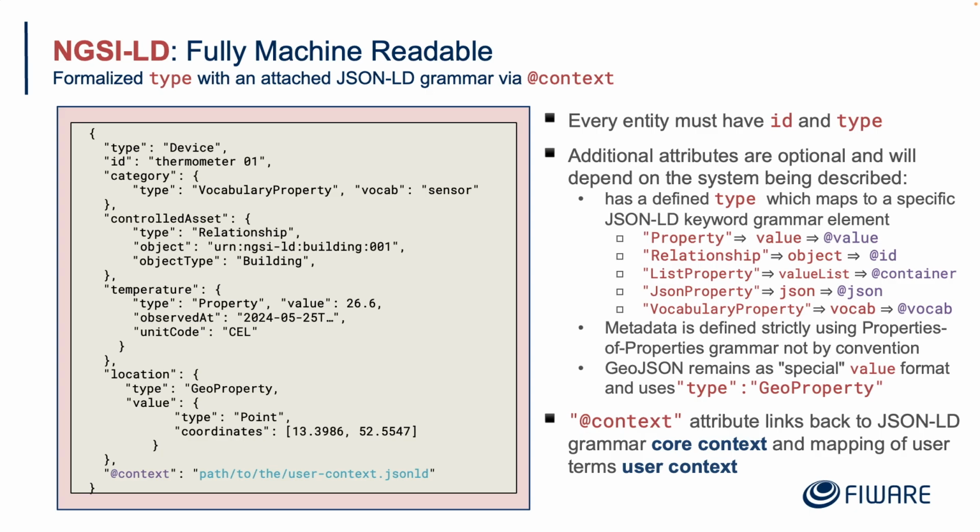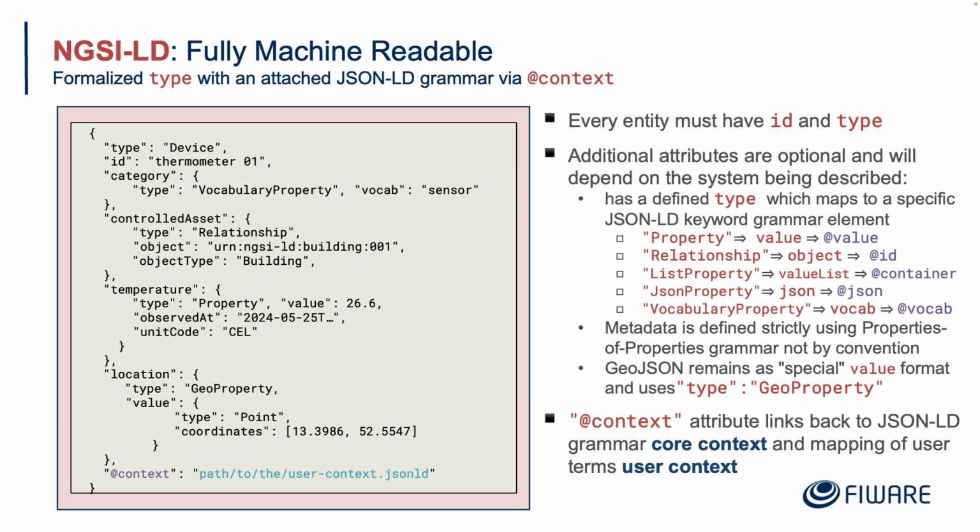A vocabulary property being, in JSON-LD terms, something which expands to an IRI, which is an at vocab. And you now look at the relationship. The relationship is now an object, because an object is always an at ID in the core context of the NGSI-LD. Temperature is a classic property.